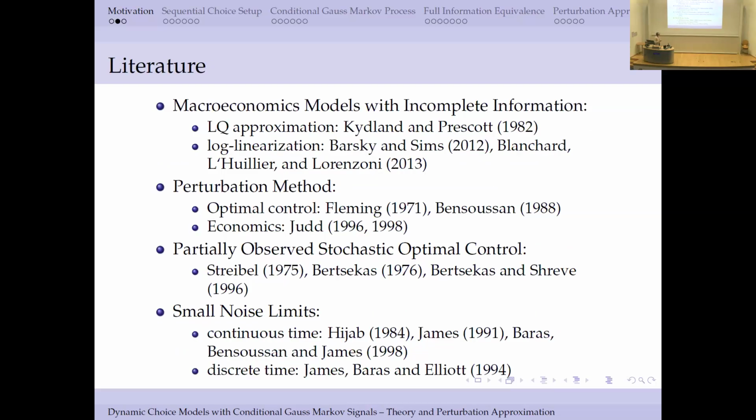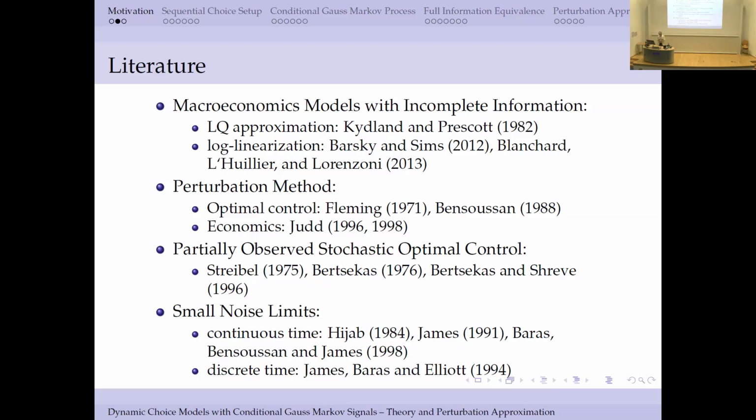All right, so there's a lot of different literatures that this is going to touch upon. So there's a long list of macroeconomic models with incomplete information. Again, I want to stress these are the models in which the decision maker has incomplete information over the relevant states of the model. And you can find, at least to the best of my knowledge, maybe first examples of that in the macro literature in the seminal Kydland and Prescott paper.